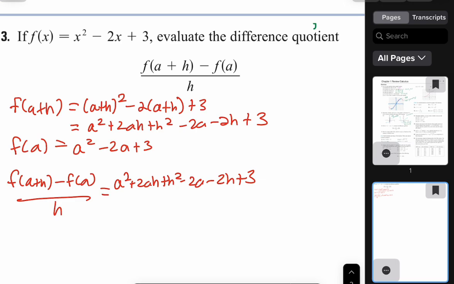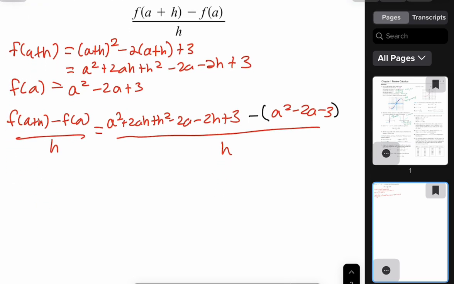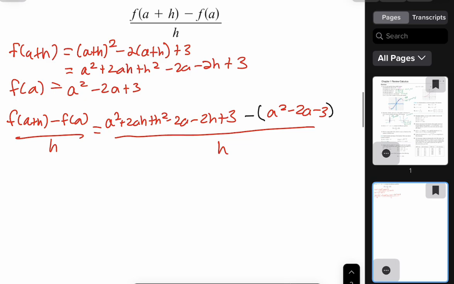But when you plop in the f of A, please put it in parentheses so you remember to distribute to all the pieces. If not, you'll mess that up. So that's A squared minus 2A minus 3 all over H. So that's what we get initially.